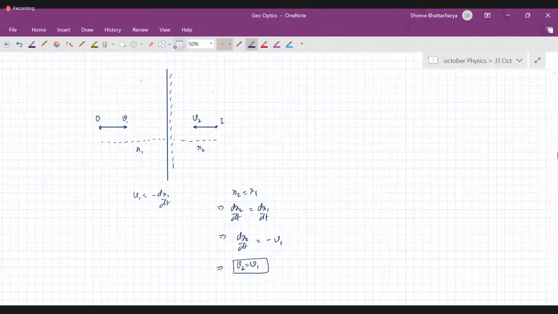Okay. Whereas same thing if you visualize an object moving parallel to a mirror, then because the perpendicular distance should not be changing with respect to time, so the image should be moving also parallel to the mirror in such a way that x1 remains equal to x2 at any instant.